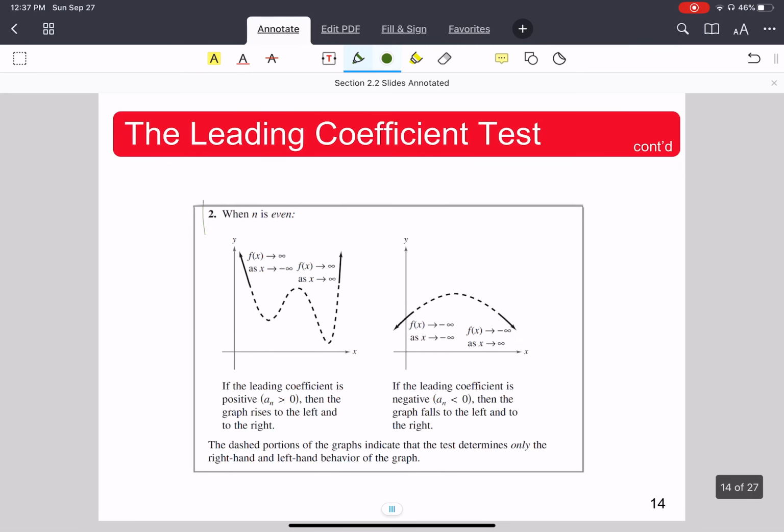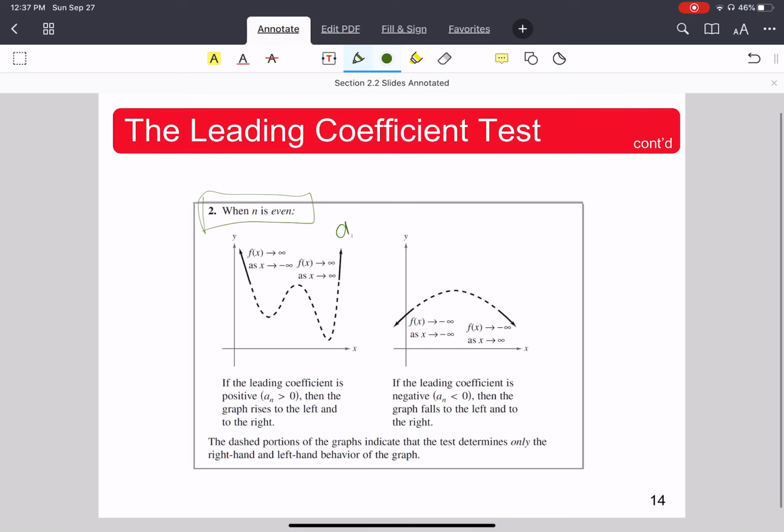For when n is even, if the leading coefficient is positive, then it's going to open up. And this is something you may remember from parabolas. Remember, with parabolas, if a is positive, then it opens up. If a is negative, it opens down. So a similar idea here for polynomials that have higher degree, because n is generally going to be bigger than 2.